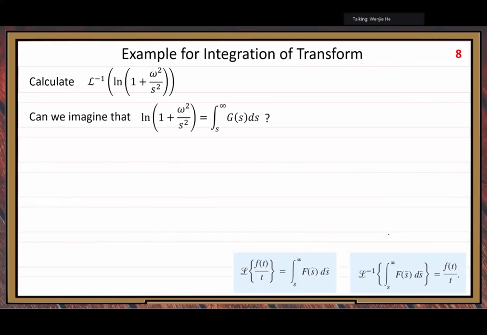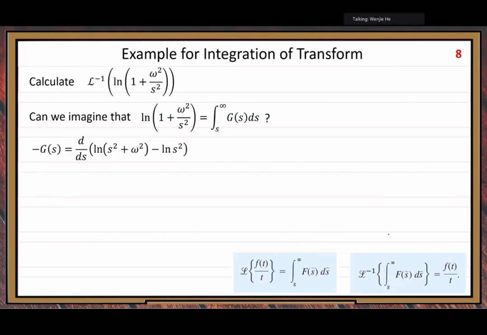So here there is an important step, because we want to represent the log function as an integral of some function.